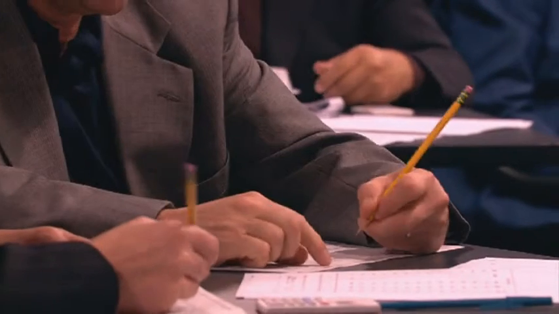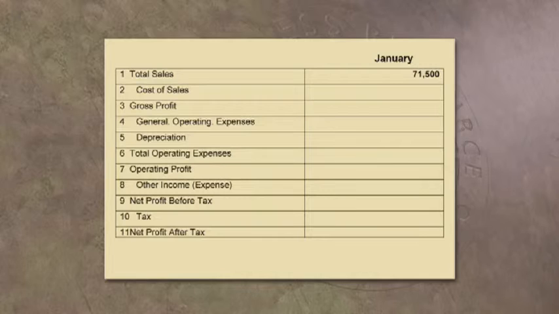So somebody help me. Cost of sales, January, what is it? 53 what? 53.6. Leaving a gross profit of 17,900.